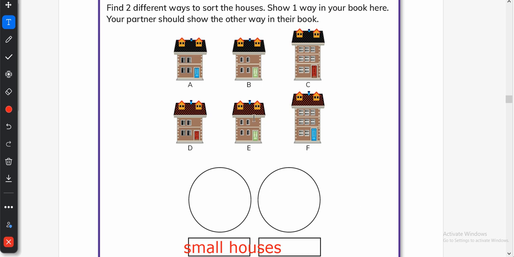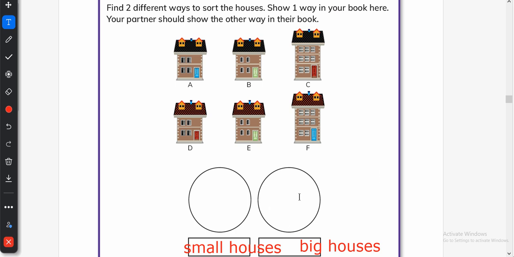That's why I'm sorting them as small houses and big houses. Or you can say double story flats or triple story flats. So these are called labels.